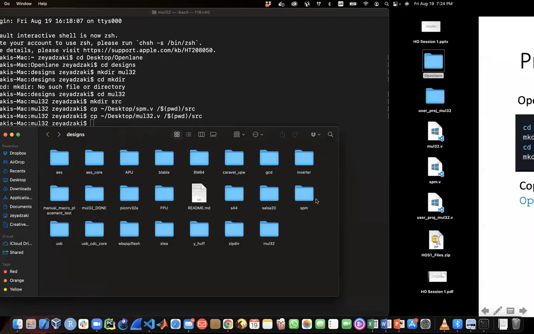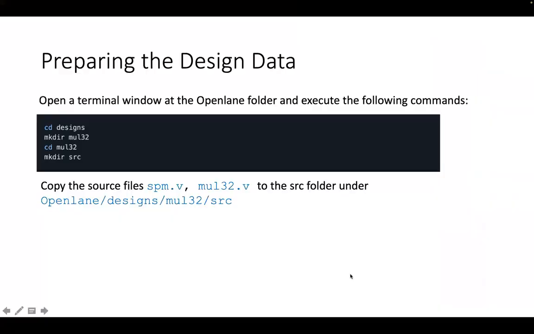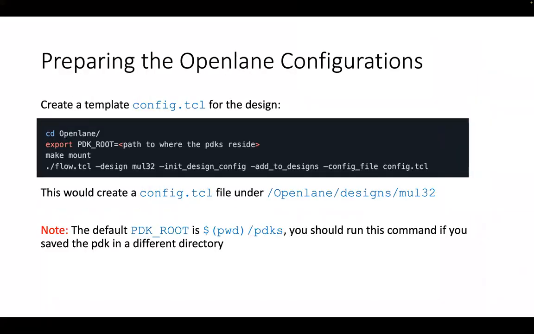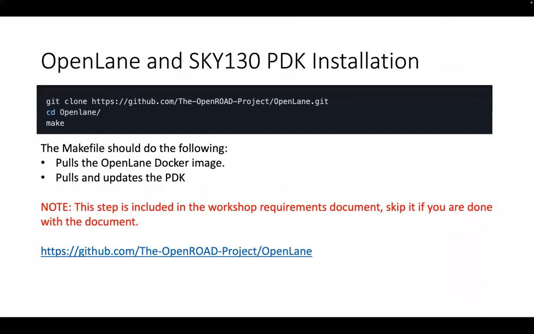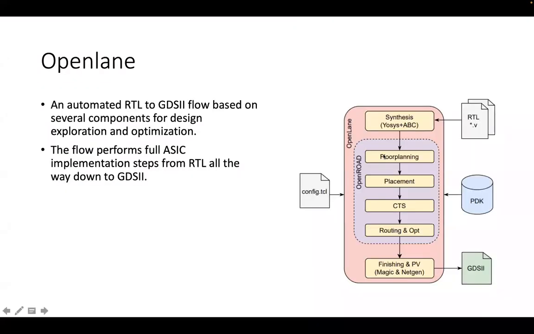Okay, so what's next? Remember this demonstration of OpenLane, we mentioned that it needs the RTL files. We have that now. We need the PDK. It's already installed. So what's left is the configuration file, the config.tcl file.